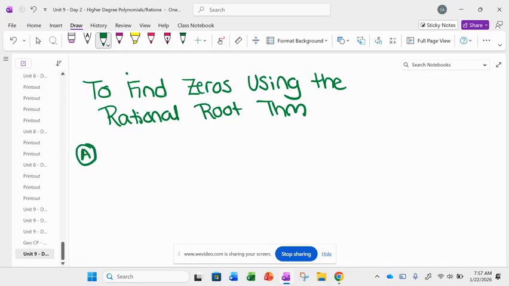we're going to first list all possible rational roots.